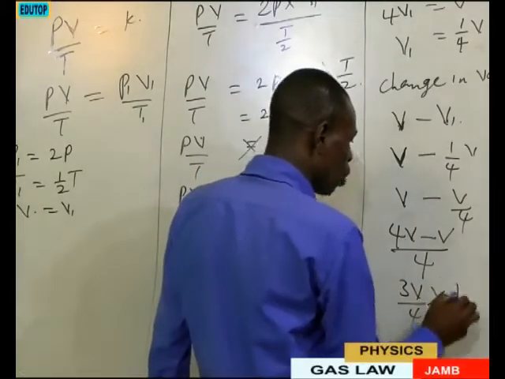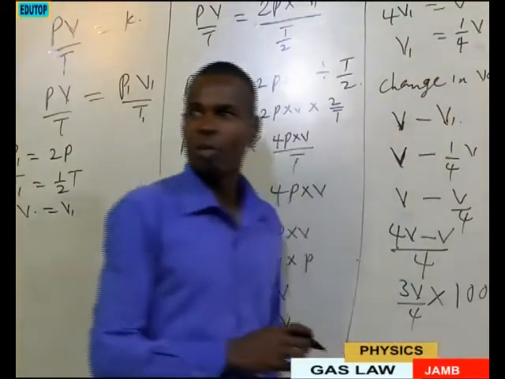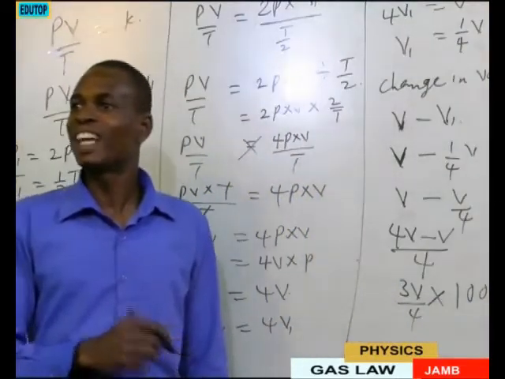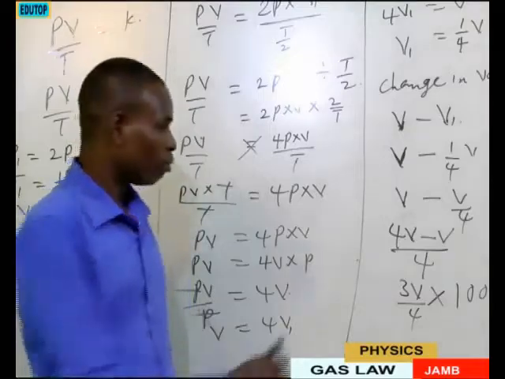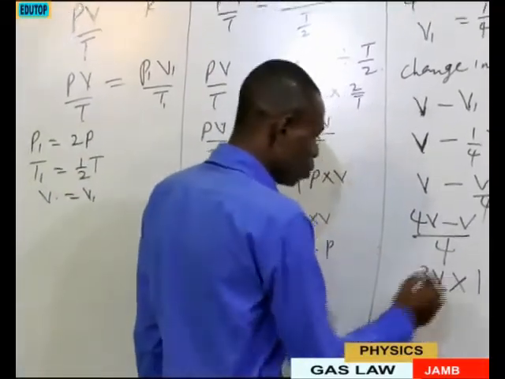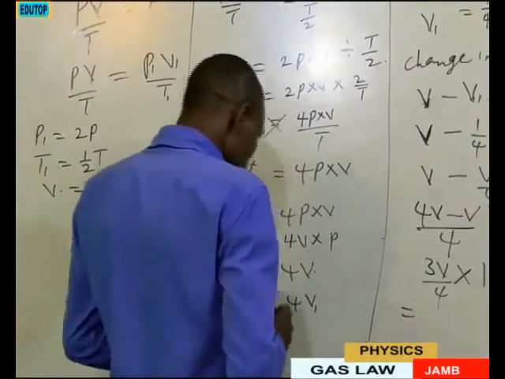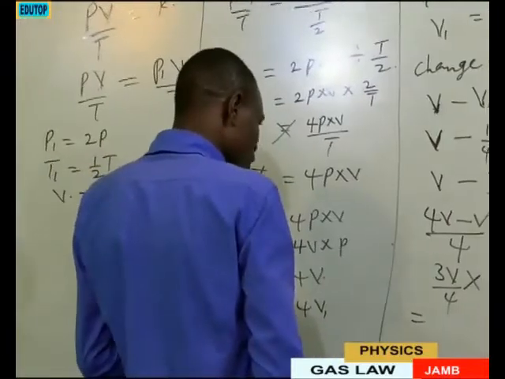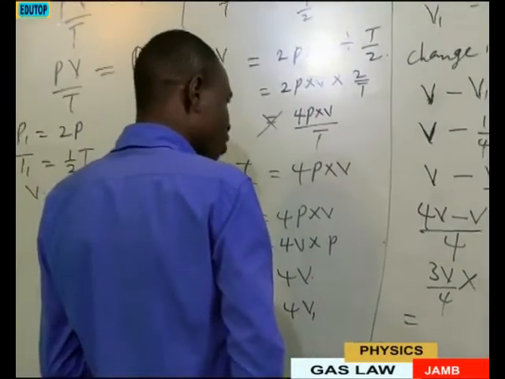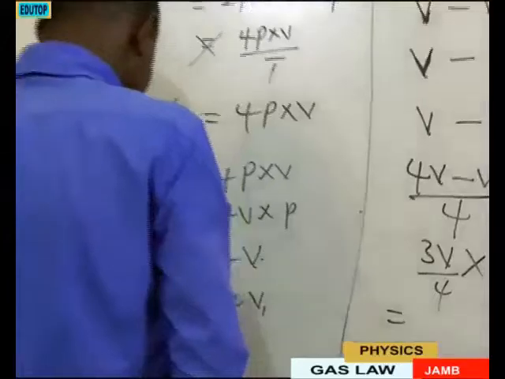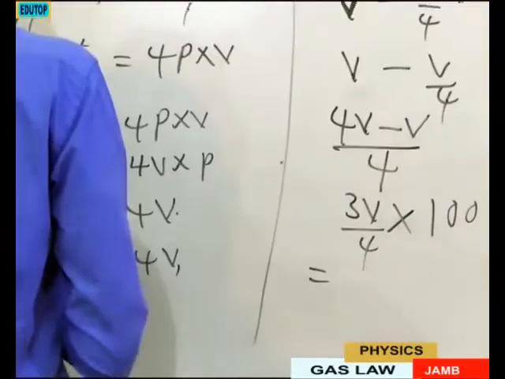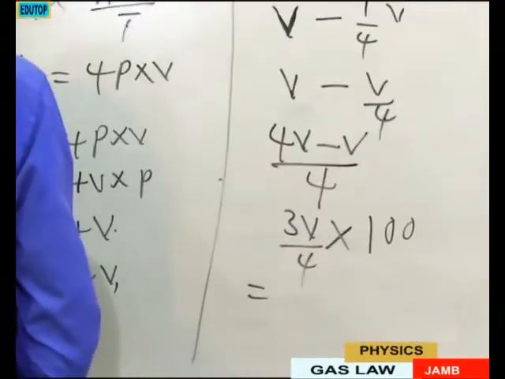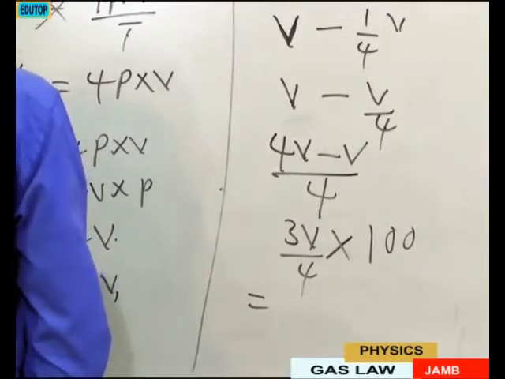Multiply all by 100, because we have to calculate the percentage change. By 100, we are going to have, so let's try and calculate 3 times 100 will give us 300. That is 300 divided by 4.